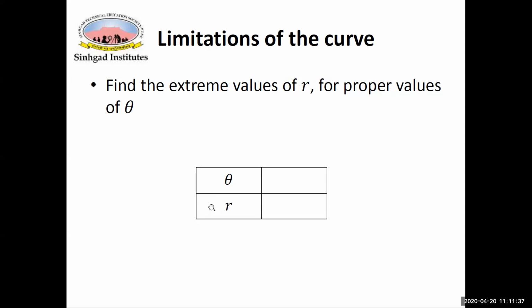Exactly the same as parametric curves. There we determine y square, which is negative, or y is imaginary, and the part where it is imaginary, there the curve does not exist.